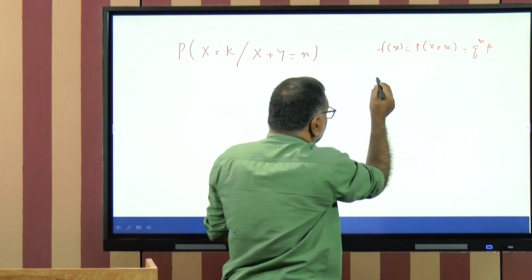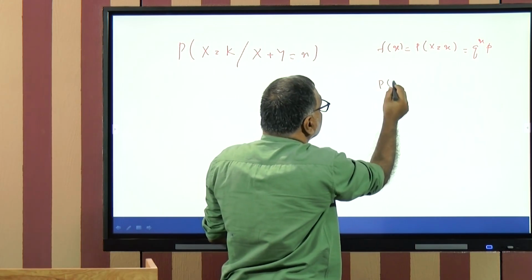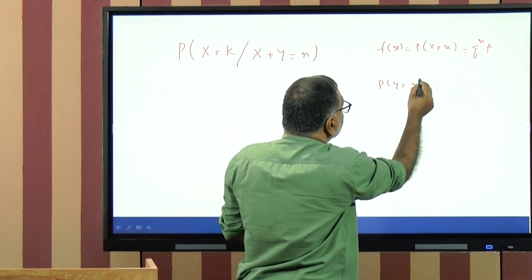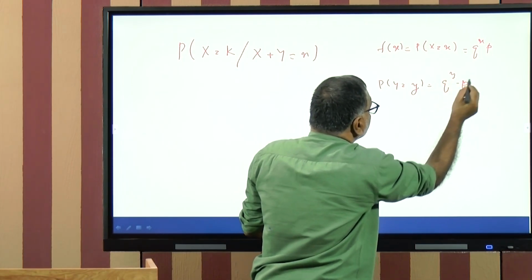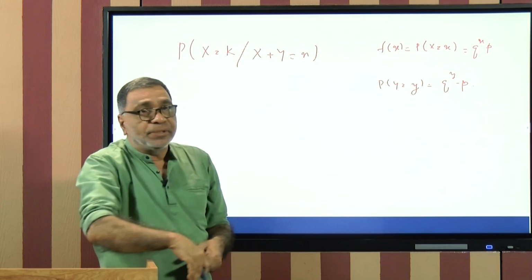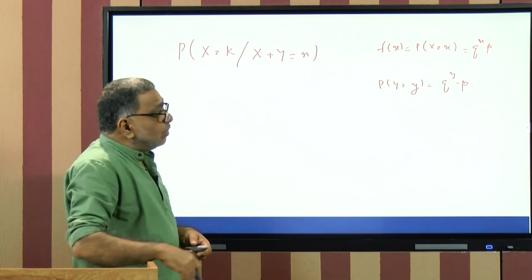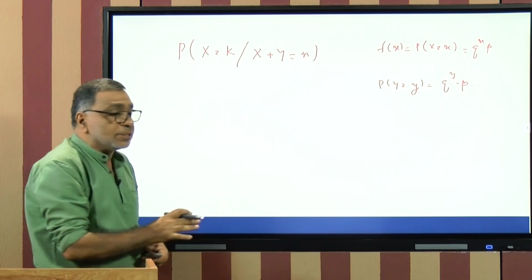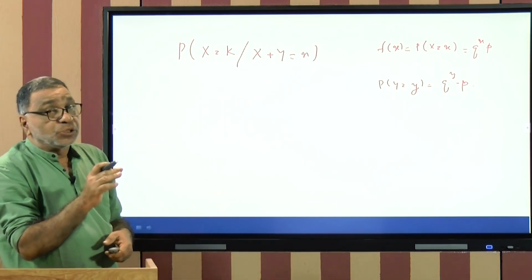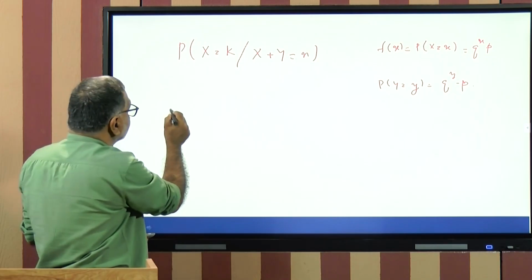And similarly, probability of Y equal to y is also geometric, q power y into p, because both have the same parameter. And so, how do you establish that this conditional distribution is a discrete uniform distribution?